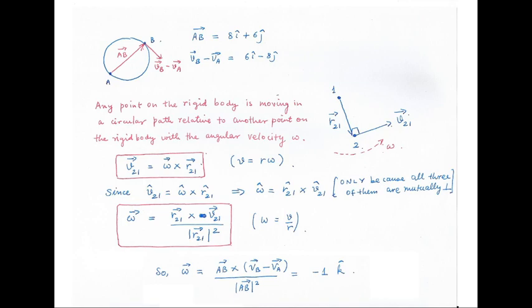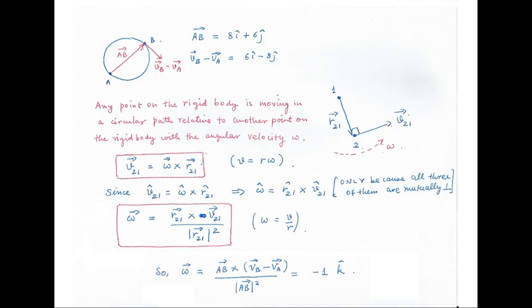The position vector of 2 with 1 being the origin is r21. If I know the relative position and the relative velocity, because of this property of rigid bodies that their distance must be fixed, this is the only property that I've used so far. Using this property, I get this relation.